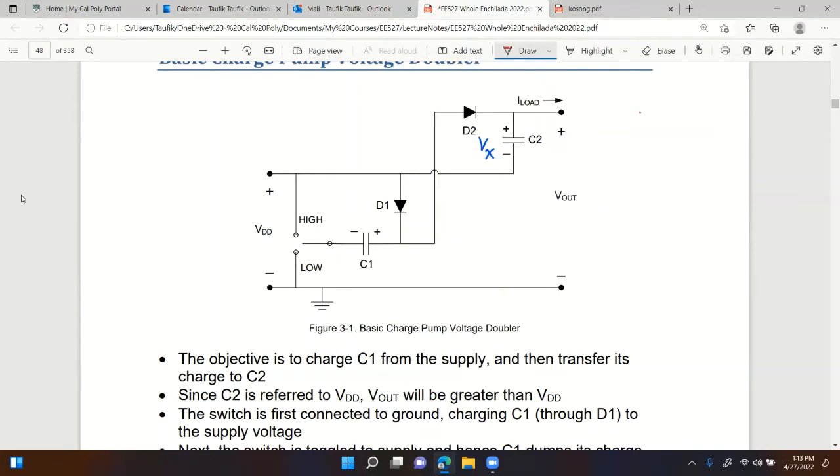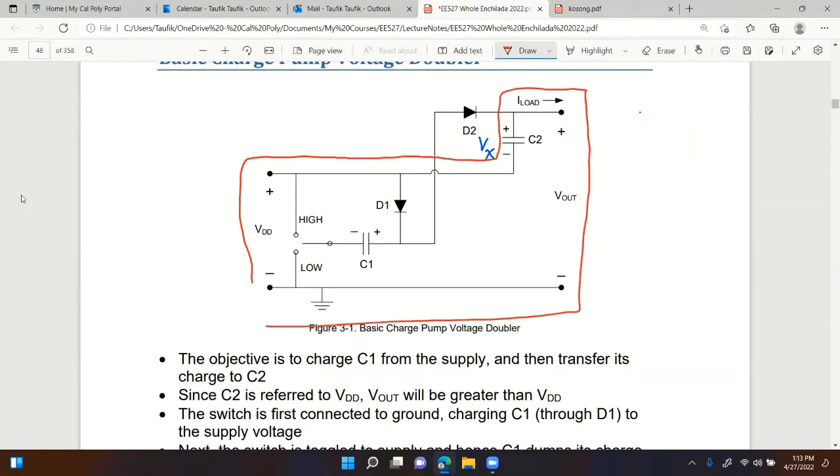Whatever that Vx is, if you go around this loop, notice that VDD plus Vx is equal to Vout. See that?